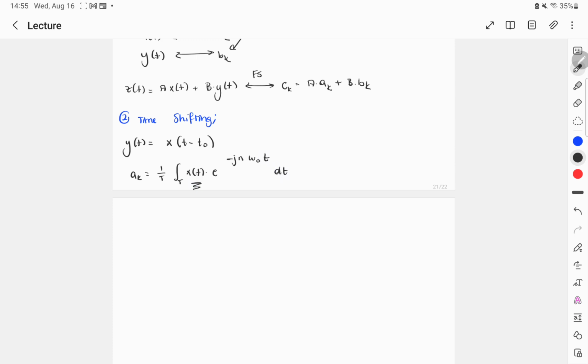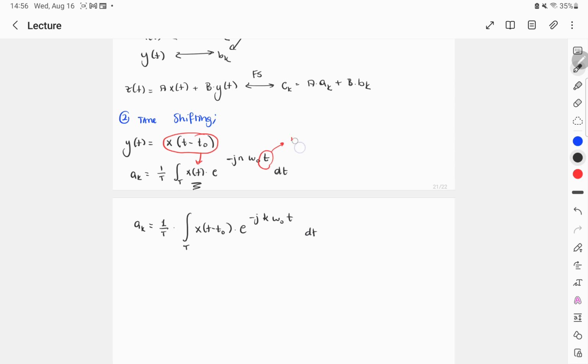So instead of x(t) here, we will instead write this one, and then instead of t, we will write t minus t0. Let me write a_k equals 1 over T times integrated over T x(t minus t0) e to the minus j k omega t dt.